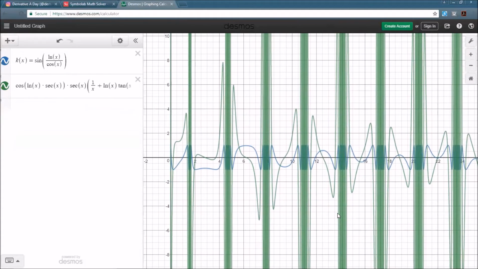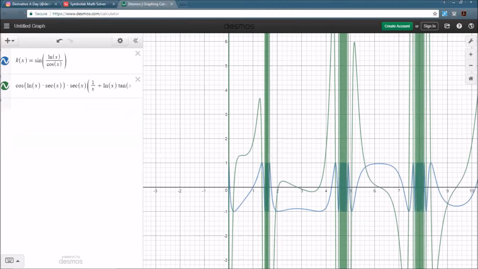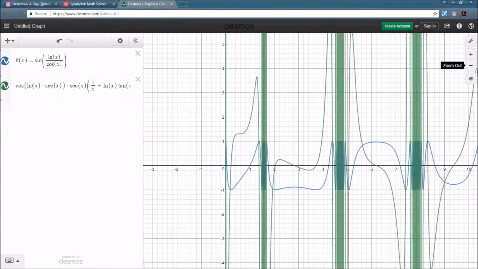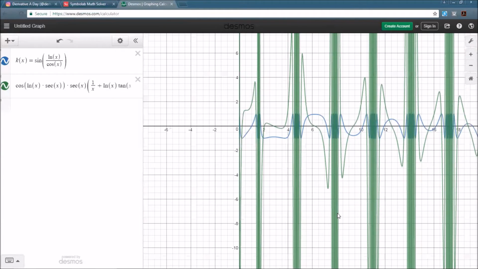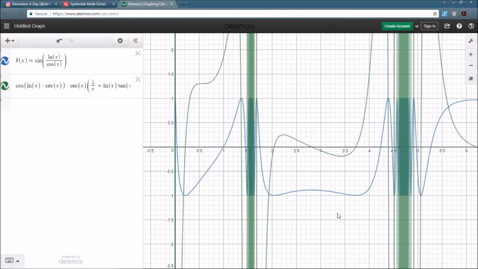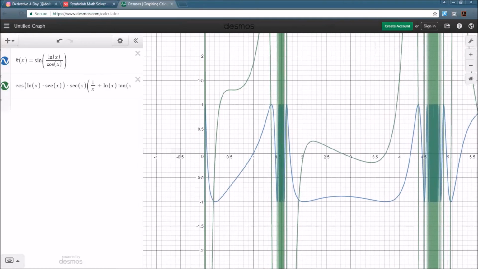So the green here is our derivative of the blue function. I don't know what to deduce from this at all. One day I will, because we're doing this every day. Look, it seems you've got these similar points here, but not all the points intersect.